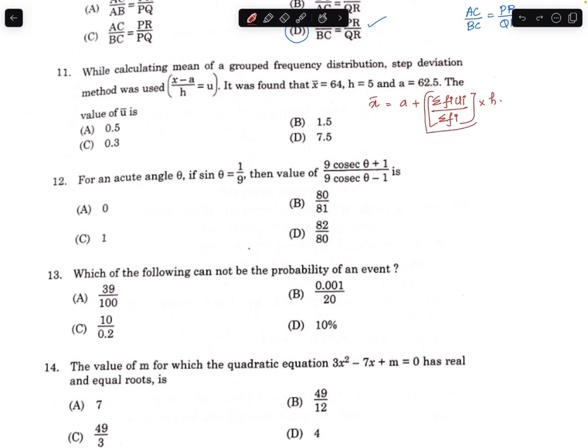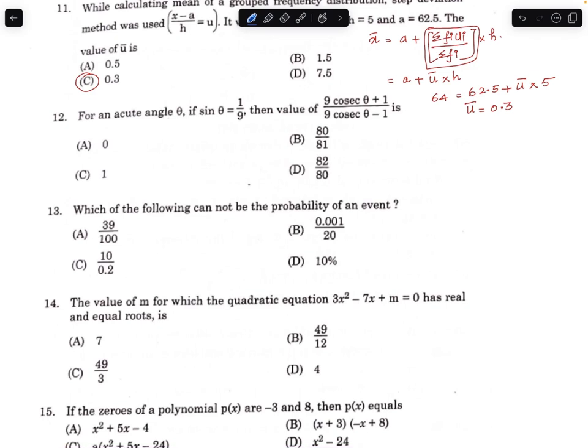Sigma fi ui upon sigma fi is nothing but u dash. So x dash is equal to A plus u dash into h. Substituting the given values, x dash is 64, A is 62.5 plus u dash, which we have to find out, into h is 5. On solving it further, we get u dash as 0.3. So the option is C.